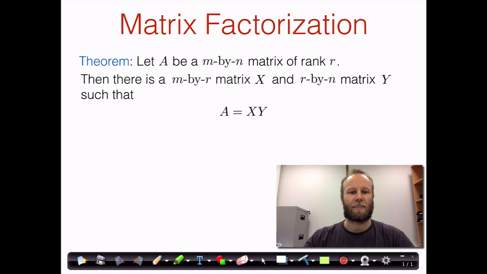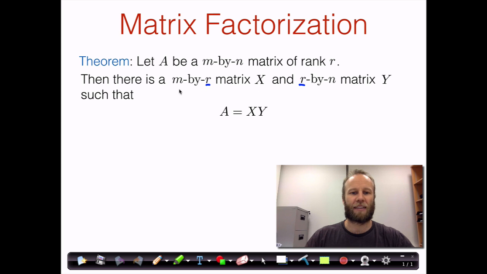This theorem says that if A has rank r, then we can write A as a product of two matrices, X and Y. Now X is going to be a matrix with r many columns, and Y is going to be a matrix with r many rows. So if we look at the dimensions of things, this checks out, right?